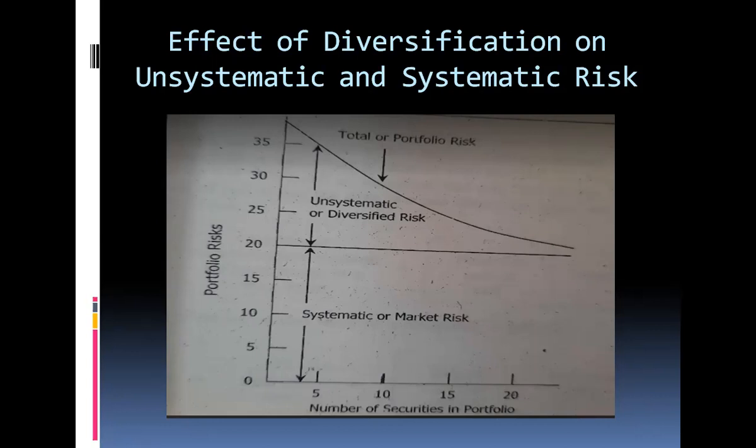The reverse would hold if we added stocks with high correlations and high standard deviation of expected returns. Since most investors are rational in the sense that they dislike risk, other things held constant, who would like risk? Nobody likes risk.